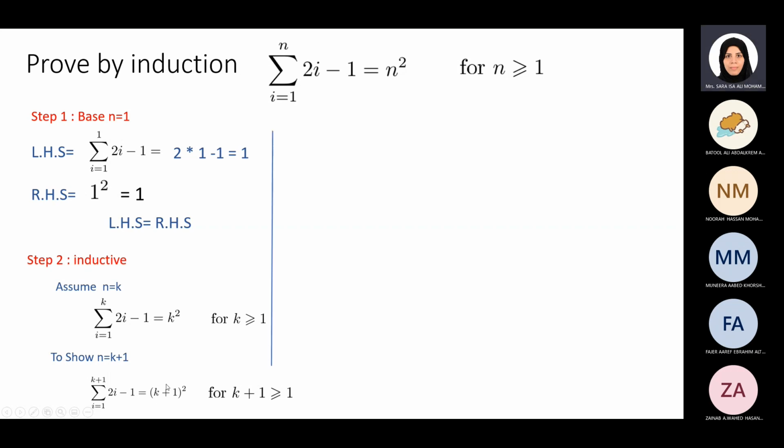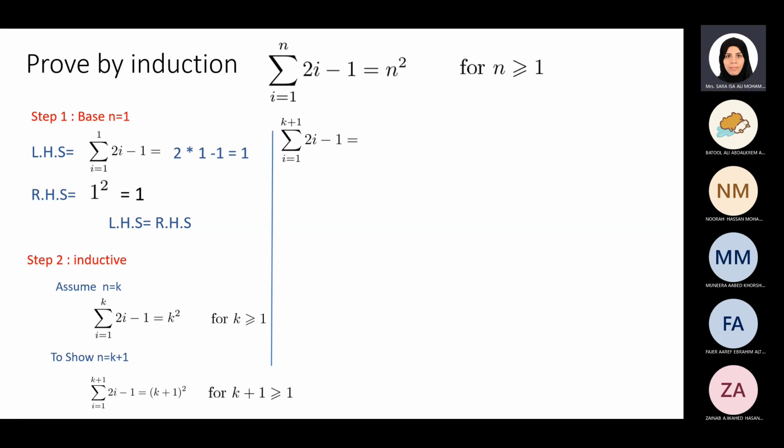How to prove it? Direct proof. I will start from the left hand side and try to simplify it to reach the right hand side. What is the summation from i equals 1 to k plus 1 of the term 2i minus 1?